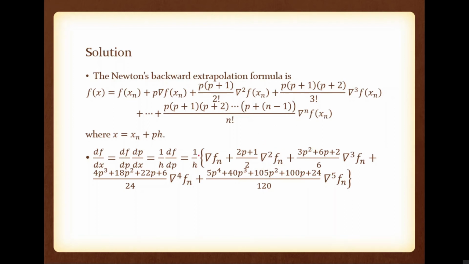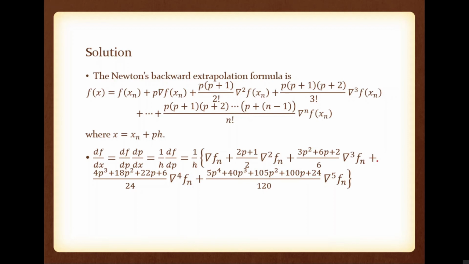Then what is the next difference? Delta term is changed to del. Instead of delta we have del, and instead of f0 we have fn. So either you can use that Newton's finite forward extrapolation formula and do the necessary modifications, or you can derive df by dx from this equation directly. Any one you can do.